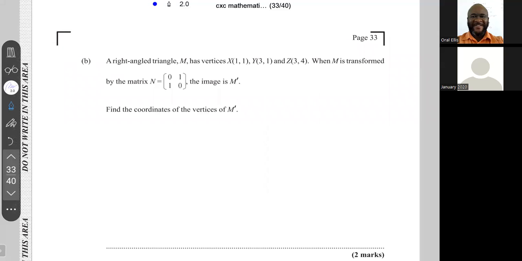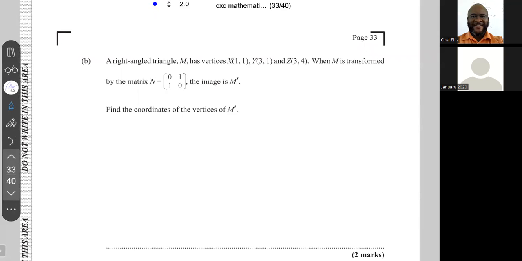Now B says the right angle triangle M has vertices x(1, 1), y(3, 1), z(3, 4). When M is transformed by the matrix N, which is 0, 1, 1, 0, the image M prime is.